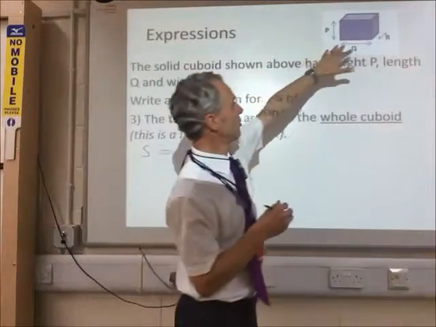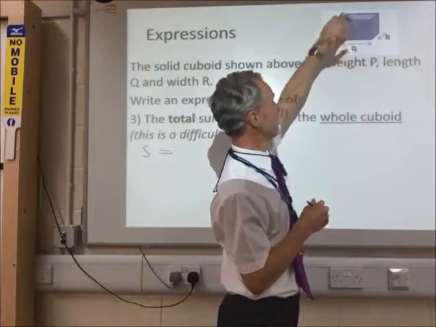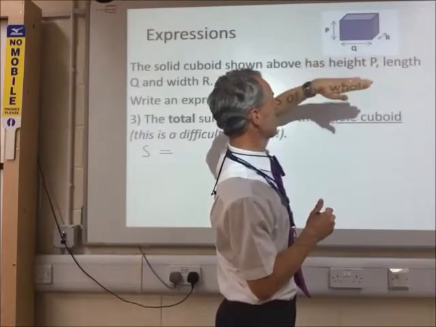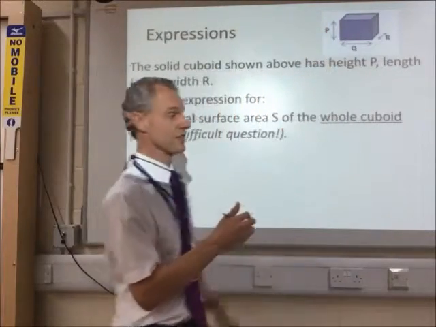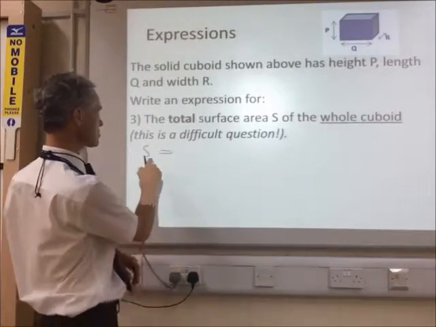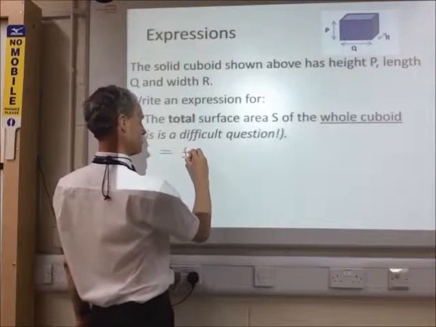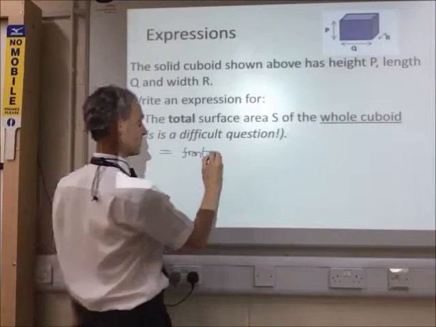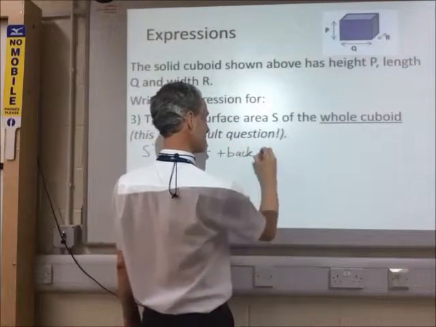So if we look at that cuboid, imagine it, we've got the ones we can see, we've got the front face, a top face, a side face. We've also got the other side face, the bottom face which we can't see, and the back, the face on the back of it. So we need to add all of those up. So that's 6 altogether. So for S, we've got the front we're going to look at. So it'll be the area of the front face. We're also going to add on the area of the back face.